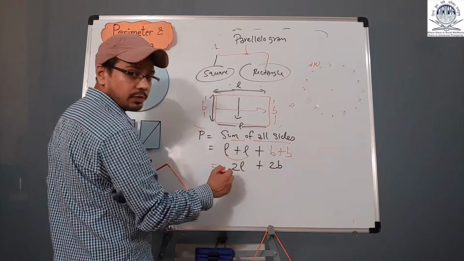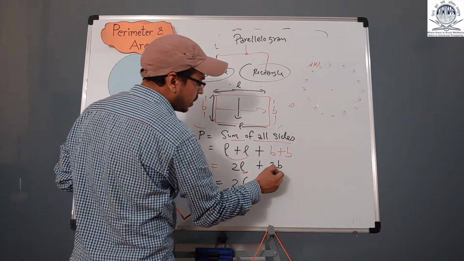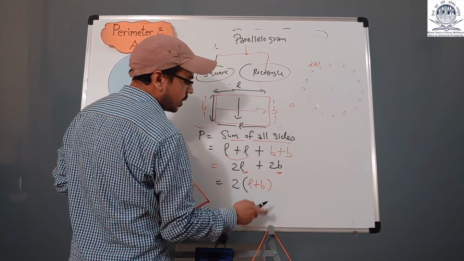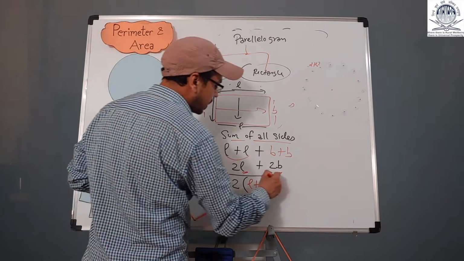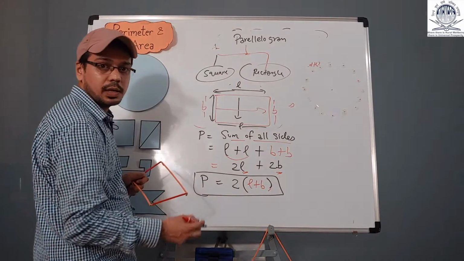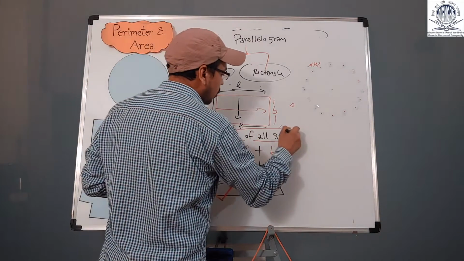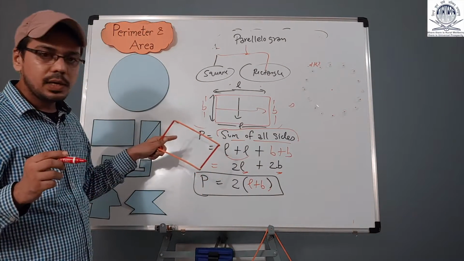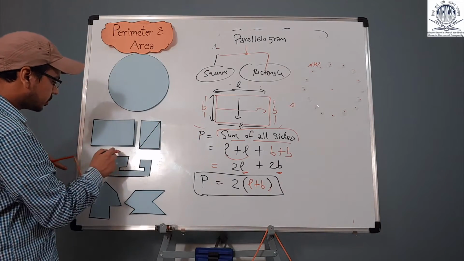Now when we take the common factor, 2 comes out as common and L and B come inside, so we get 2 into L plus B. But essentially, this formula of perimeter of a rectangle equals 2 into L plus B comes from a common root formula, which is the sum of all the sides.